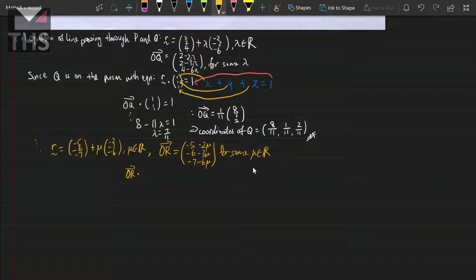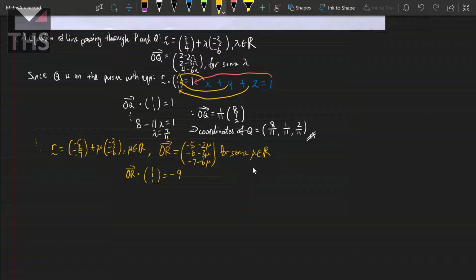Then, since this R is on the base of the prism, the vector normal form is r dot 1, 1, 1 equals negative 9. This is different from the one you had on top because it's simply a different plane you're talking about. They have the same normal vector though. So you repeat this process.